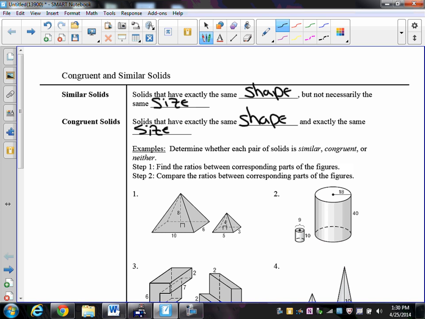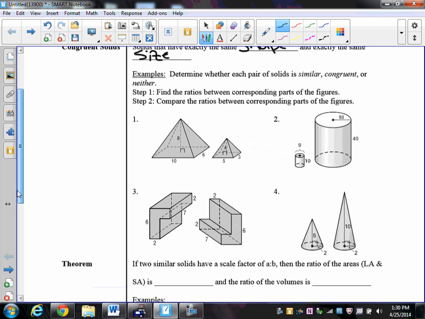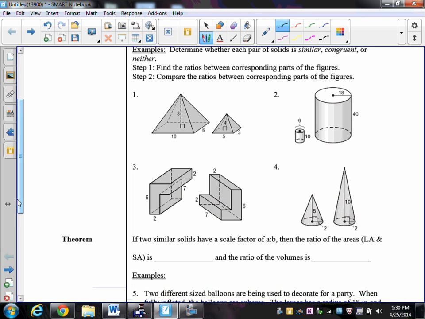So we need to determine whether each pair of solids is similar, congruent, or neither. So we're going to find ratios to determine that. The first shape we have is a pyramid. We're going to take a look at the lengths here.